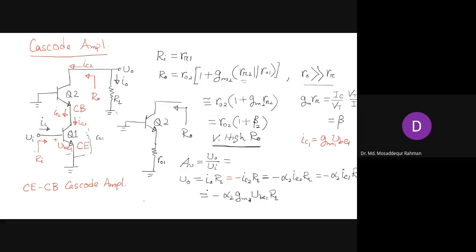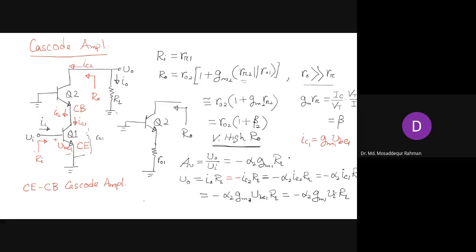And what is VB1? VB1 is same as VI. Exactly. So minus alpha 2 GM1 VI RL. So V naught by VI, the VI and VI will cancel out and you will have minus alpha 2 GM1 RL.